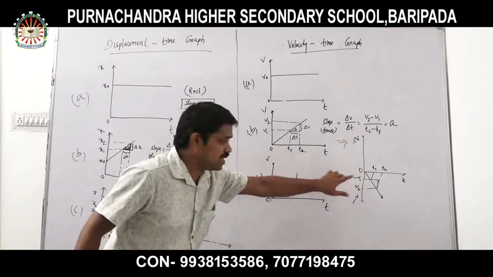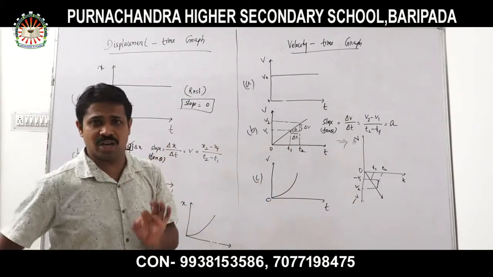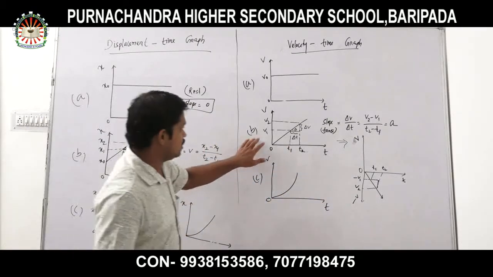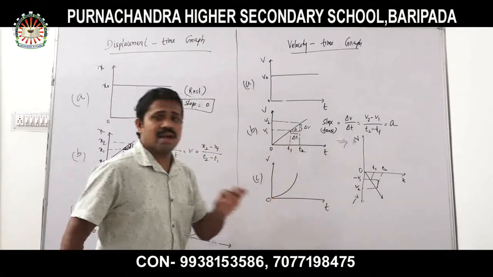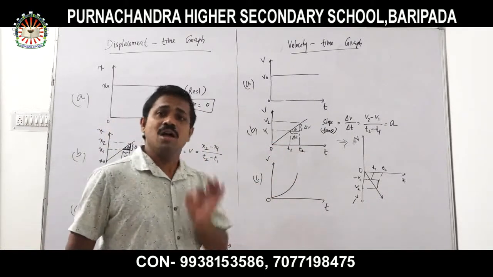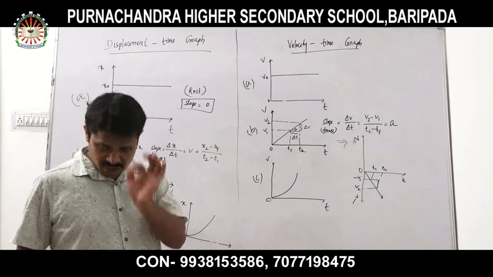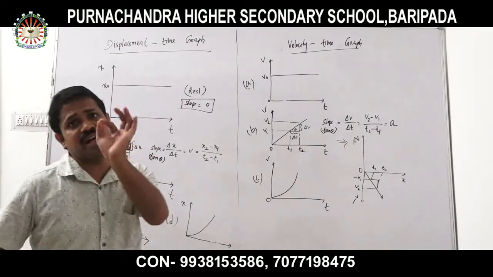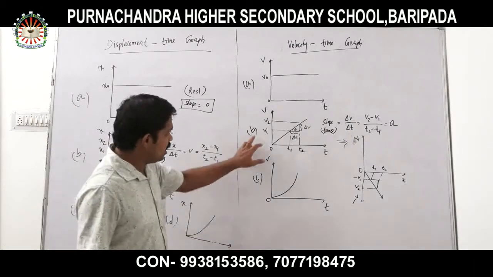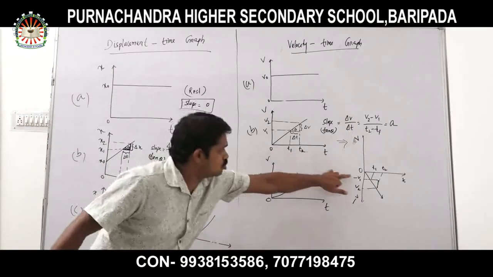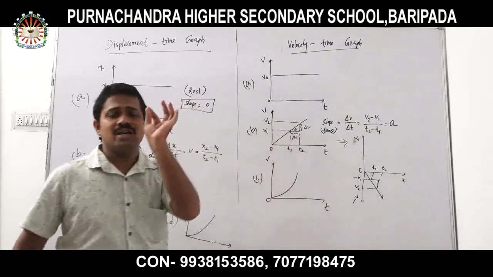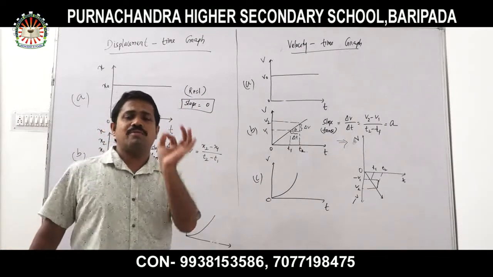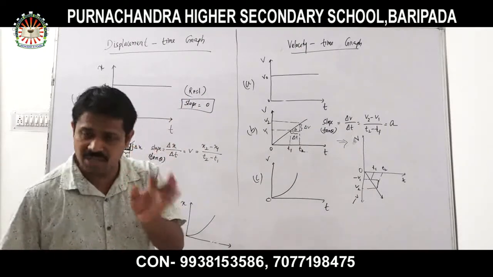So that's why it is a non-uniform acceleration. But B and C, these are uniform acceleration. Remember, in these two cases the instantaneous acceleration becomes equal to the average acceleration at a particular time instant.